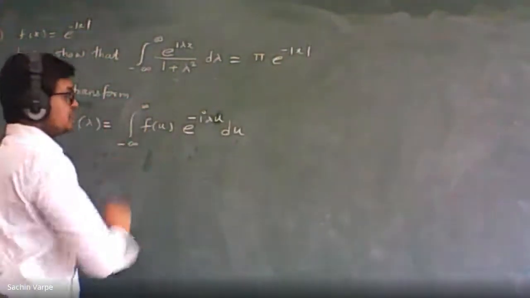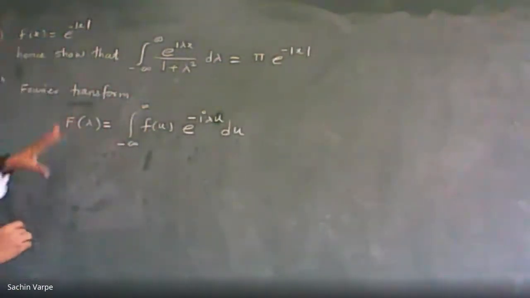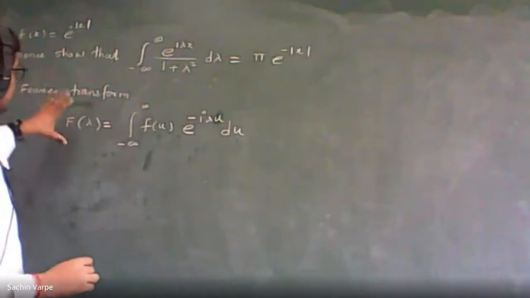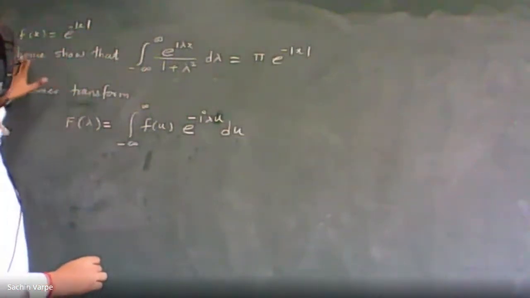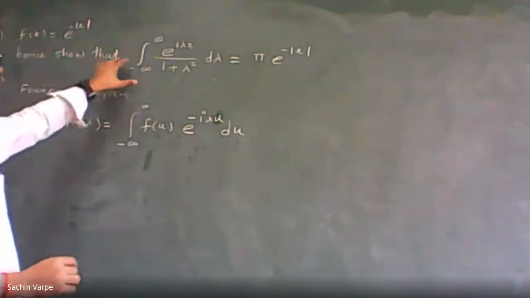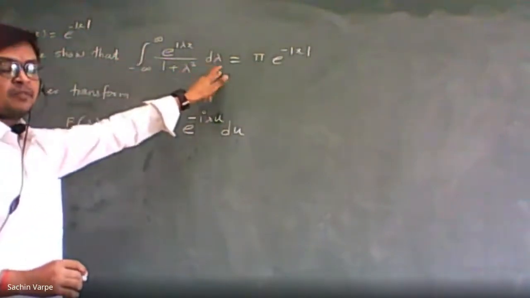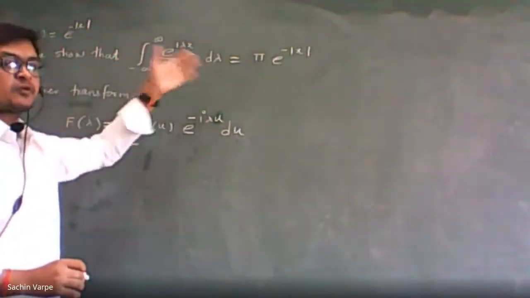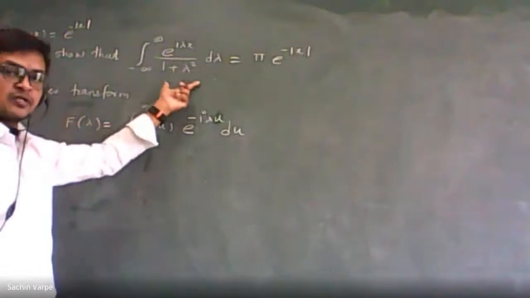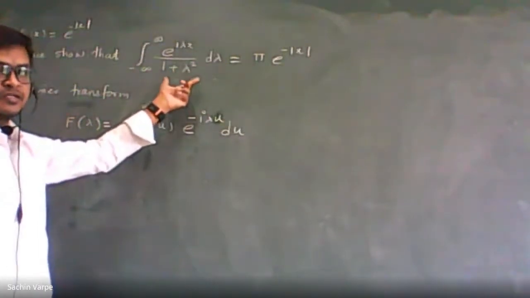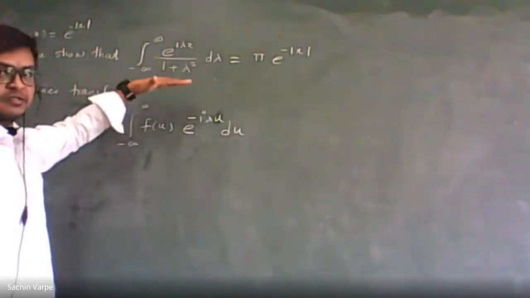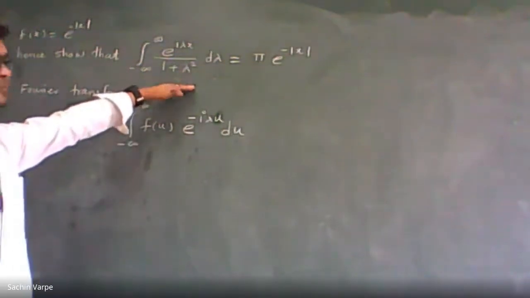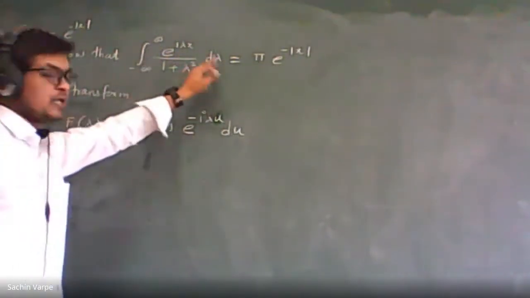Now, before substituting the function, in the show-that part this integration is with respect to lambda. Whether it is a Fourier transform or an integral: this is an integral, because the integration is with respect to lambda.